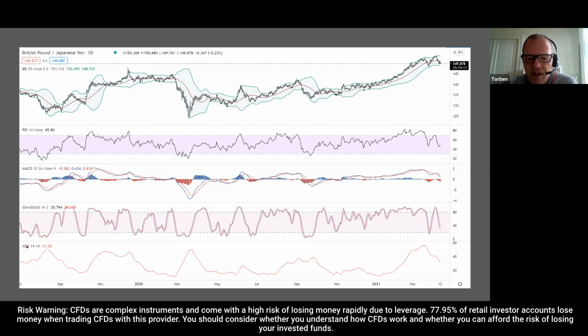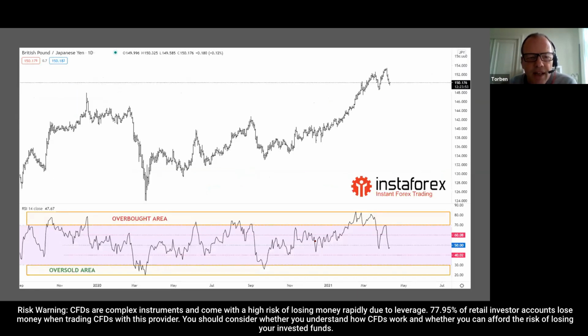So let's move on. The first one I would look at is the RSI. The RSI is a momentum indicator. It shows you what the momentum is right now in the price, and a lot of people use it as an overbought and oversold indicator.